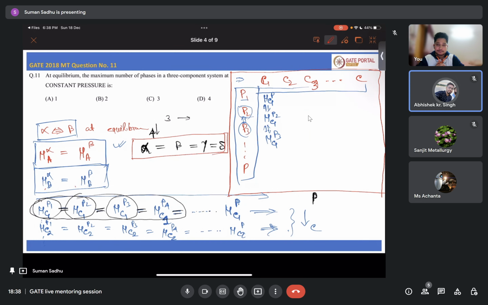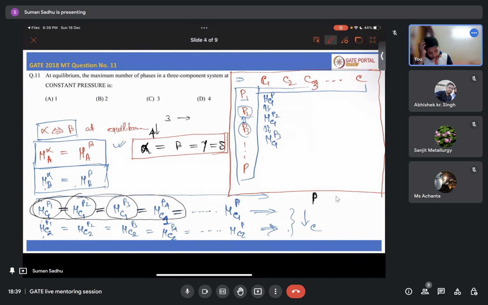So 4. Okay, you are saying four. Sanjit, you? 3, sir. Okay, you are saying three. And Achanta, you are saying four or three or two? You are also saying four, right? 4, sir. Okay.